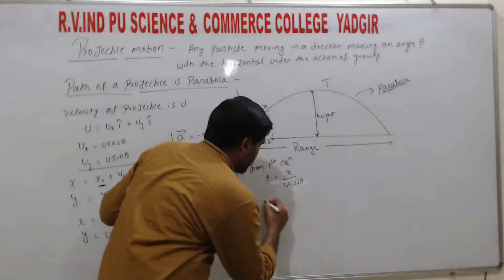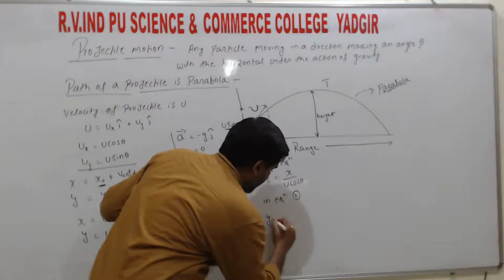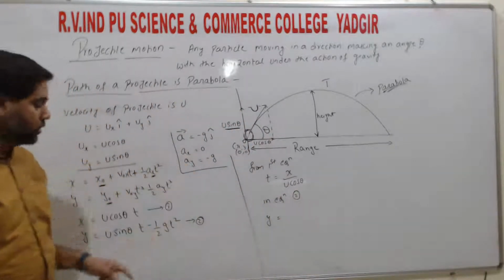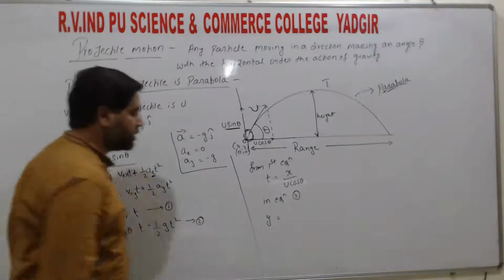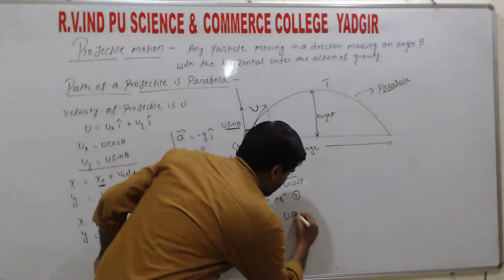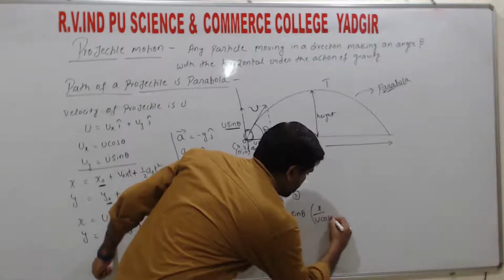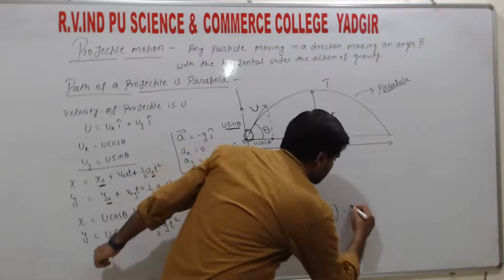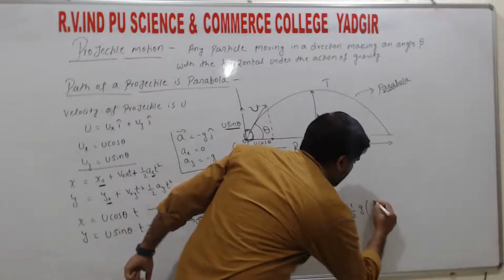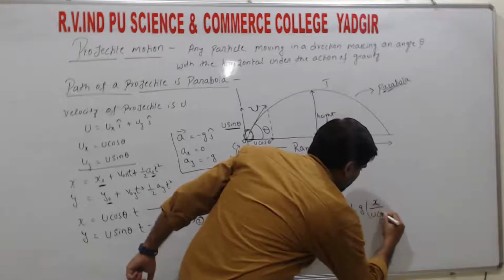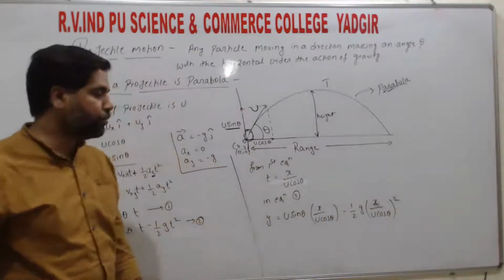Now substitute this in equation 2, so we get y equals, wherever there is t we substitute x by u cos theta, so u sin theta into x by u cos theta minus 1 by 2 g into x by u cos theta whole square, right?